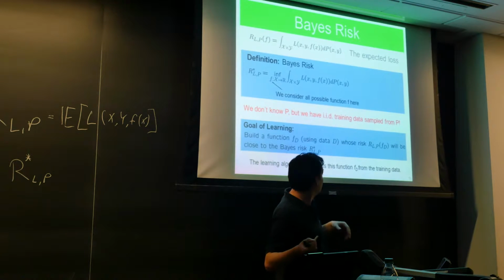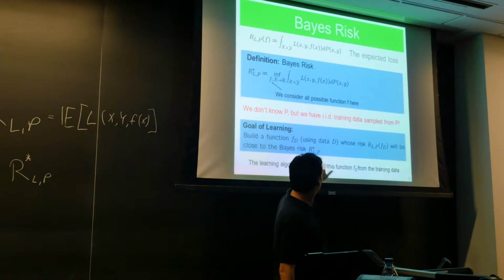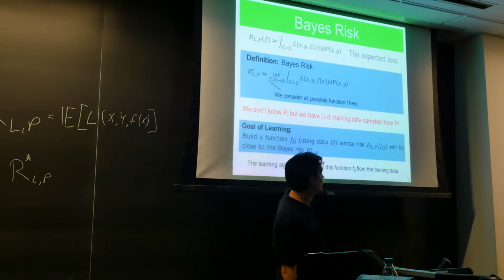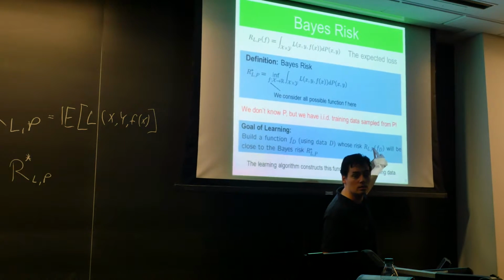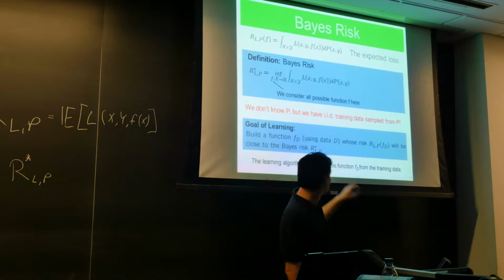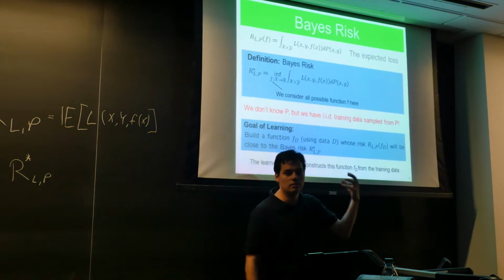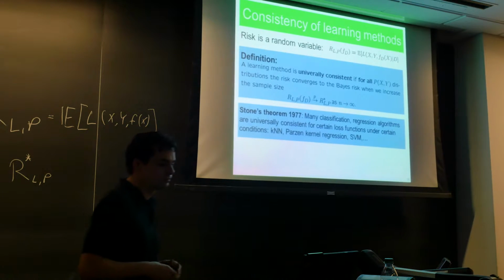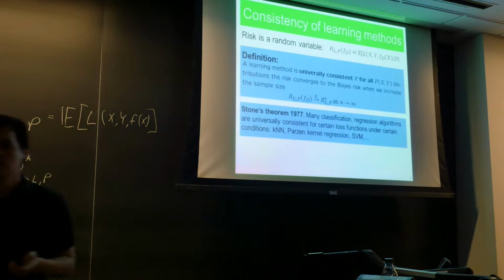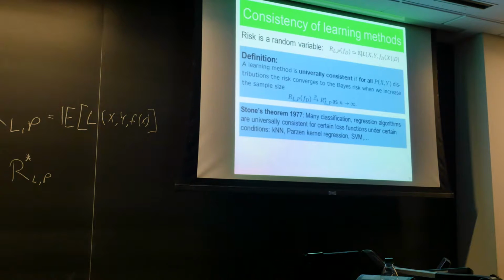And again, what I mean by close to this, that's a good question, because this is a fixed real number, and these are random variables. So I want these random variables somehow be close to this fixed number. Yes? Sorry, I'm not sure why the risk is random.